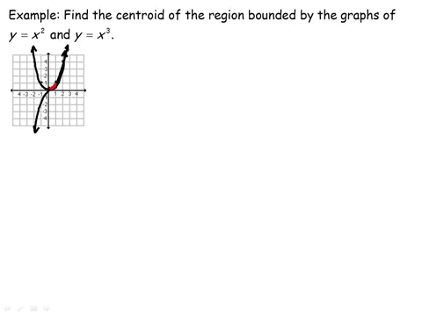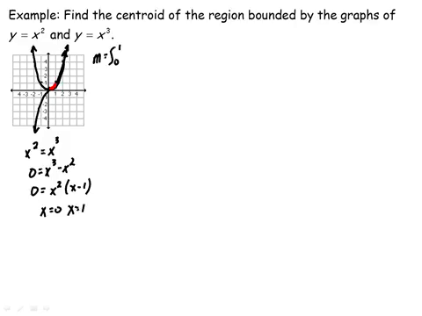Our boundaries are going to go from 0 to 1 again. If you can't look at this and tell what your boundaries are, you set y equal to y. So you have x squared is equal to x cubed. Then you can do the algebra and set each factor equal to 0. And so you're going to get x is equal to 0 and x is equal to 1. So that's where your boundaries come from.